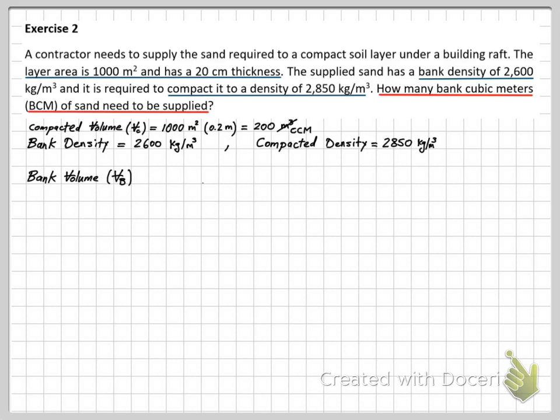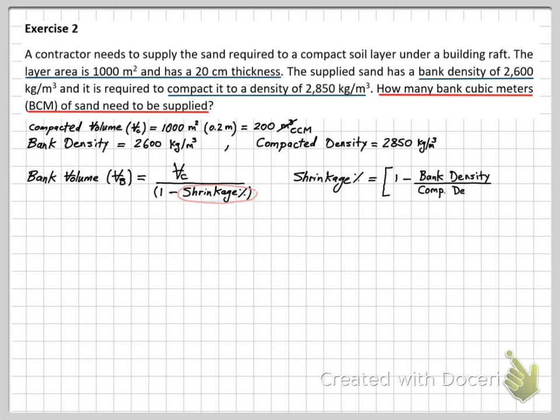So this problem or exercise is relating the compacted volume to a bank volume. So the bank volume, we can relate it to the compacted volume by the shrinkage percentage. The shrinkage percentage can be calculated using the densities given to us, the bank density and compacted density, using this formula here. Just plug in the values and you end up with 8.77% shrinkage percentage.